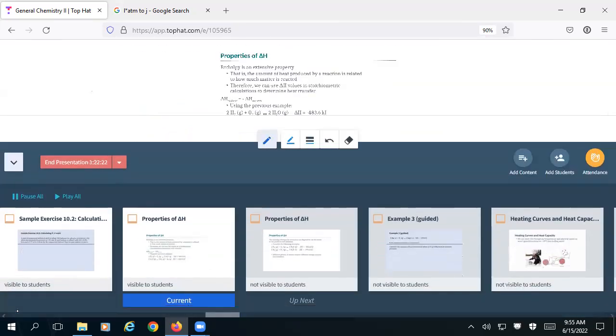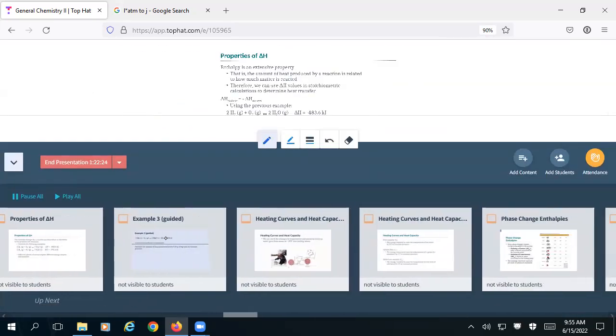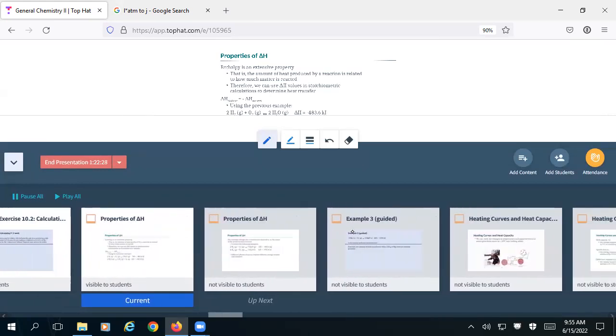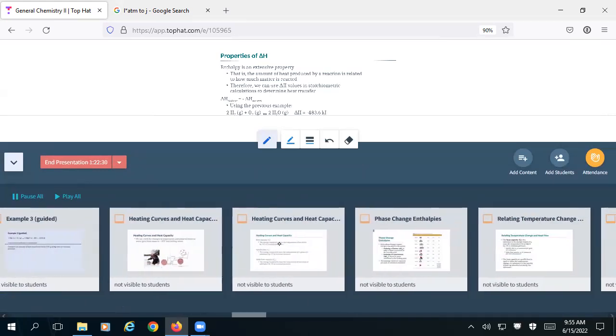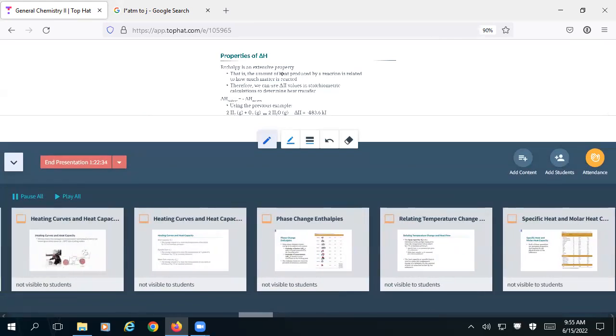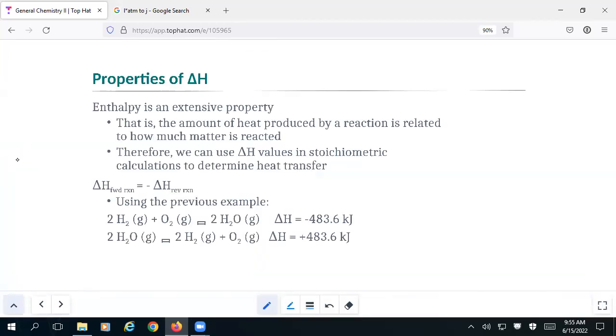I'm going to point out a couple of other things here for today, and then we'll pick up the calculations that we need for lab when we get to lab.